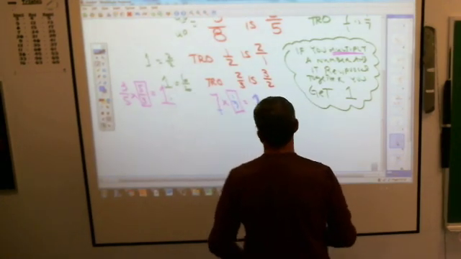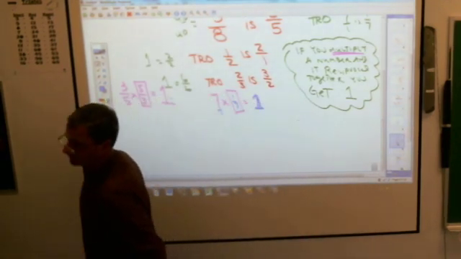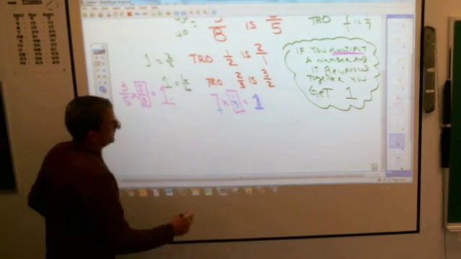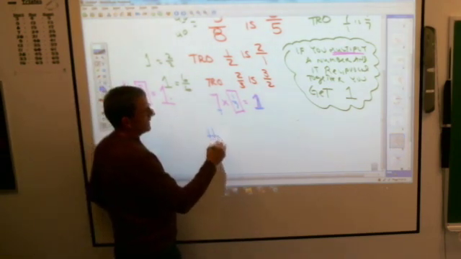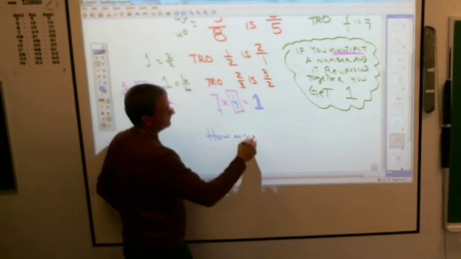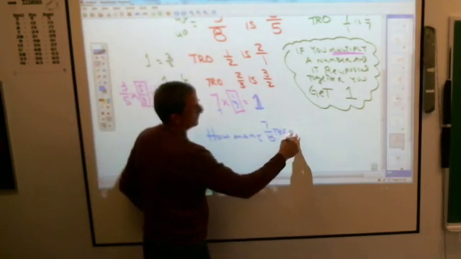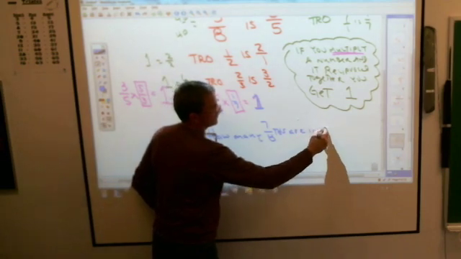I have to go back to this one too because I did forget to tell you this. Go back to reciprocals just for a second. You also use reciprocals when they ask you this question. How many 7/8 are in 1?